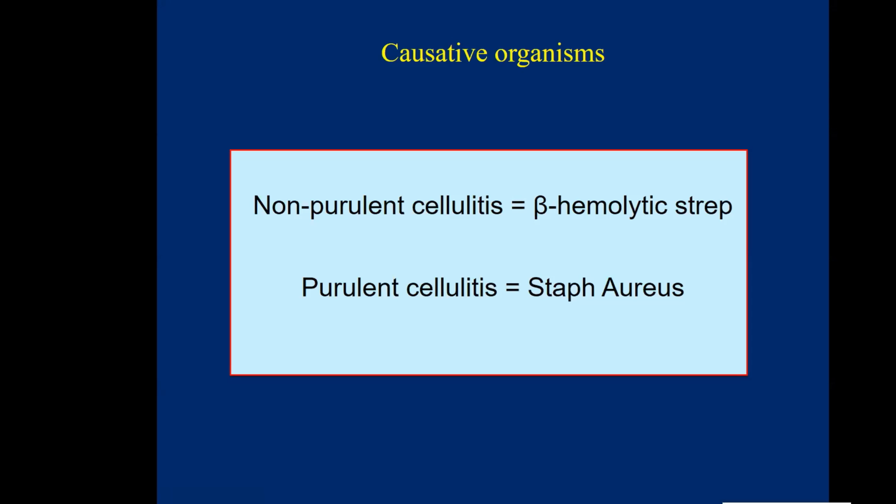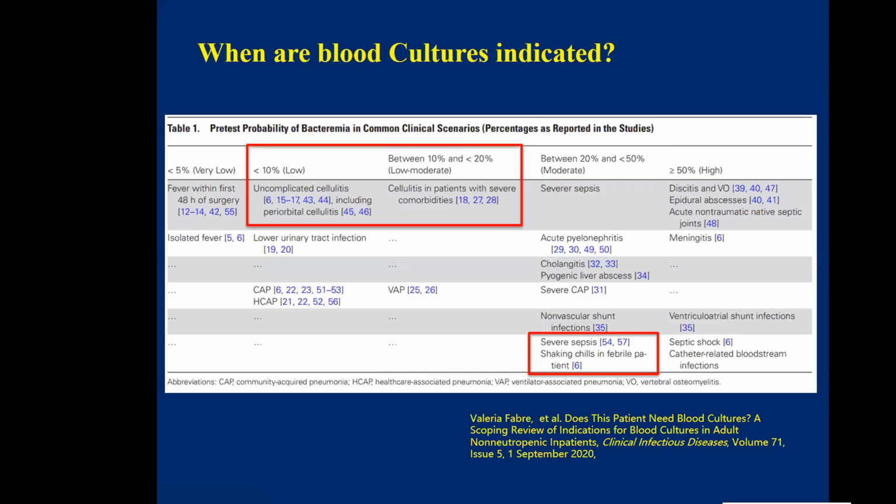When you have no abscess, no purulent drainage, no vesicles, you think of strep, and less of staph. You can also have staph. And if you have purulent cellulitis, any abscess, collection, or purulent drainage, you think of staph much more than strep. And this is what guides your treatment.